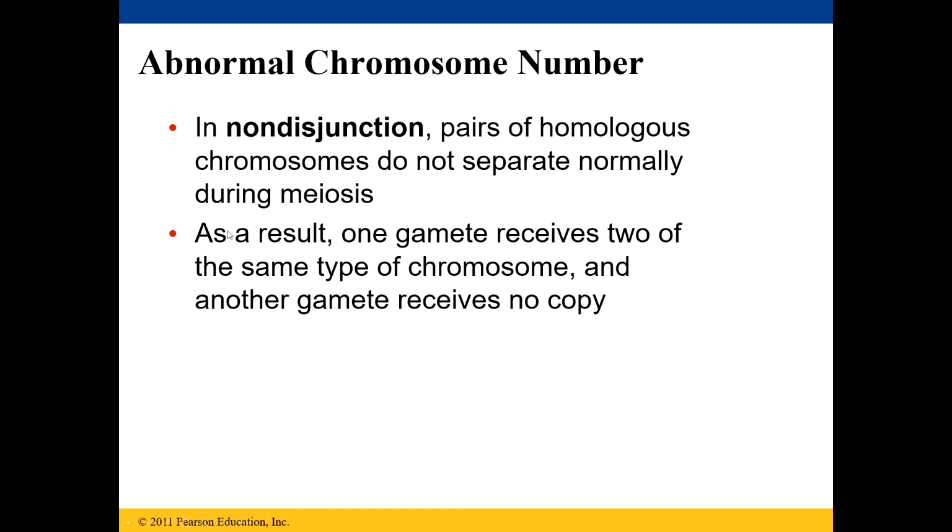The result is that the gametes don't have the correct number of chromosomes. You might have one gamete that has an extra chromosome and the other one is missing one. After fertilization, that would result in an individual having 46 chromosomes, or 47, or 45.